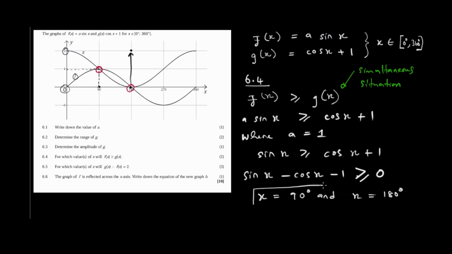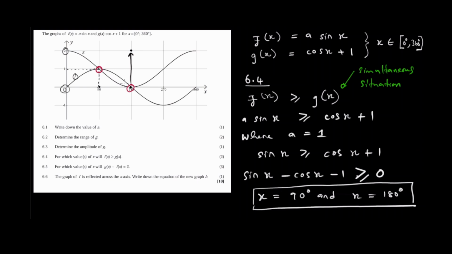Why is this the answer? It is the answer because we have seen that those two functions are simultaneously meeting at the point where x is 90 degrees and the point where x is 180 degrees, so we are just going to quote those answers.